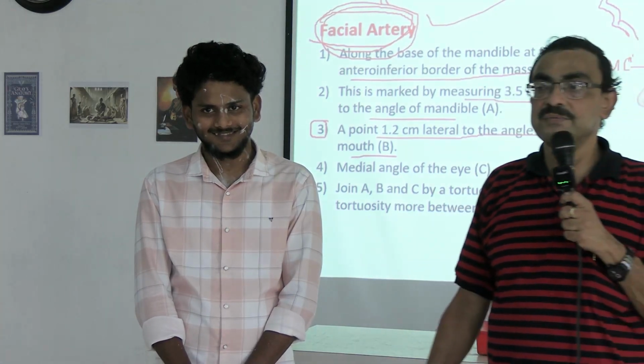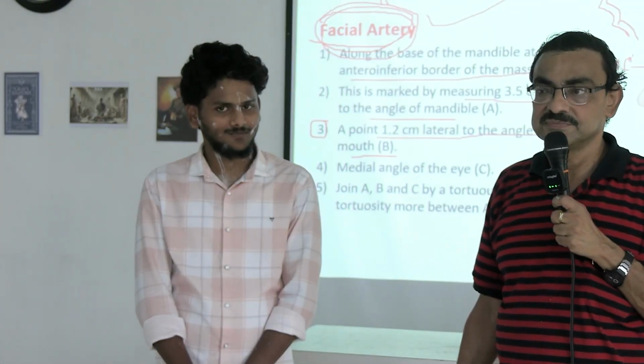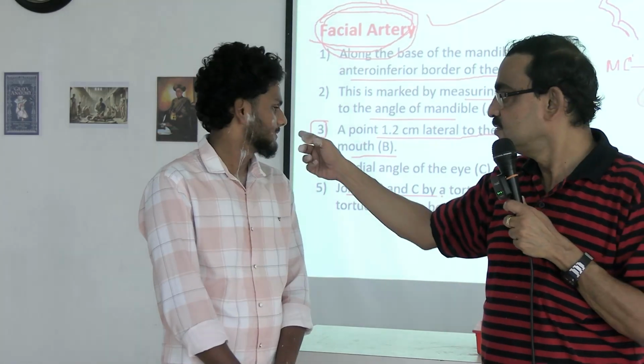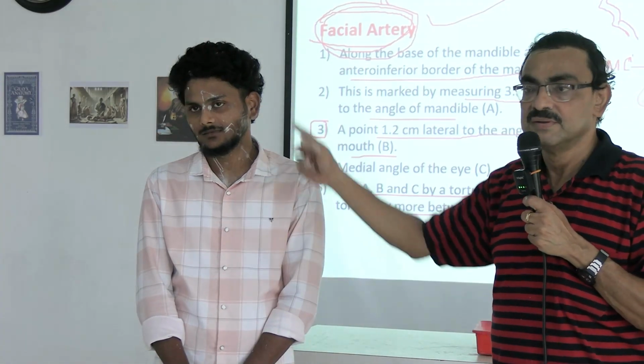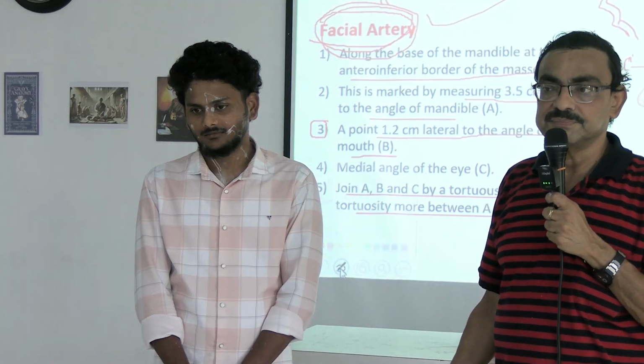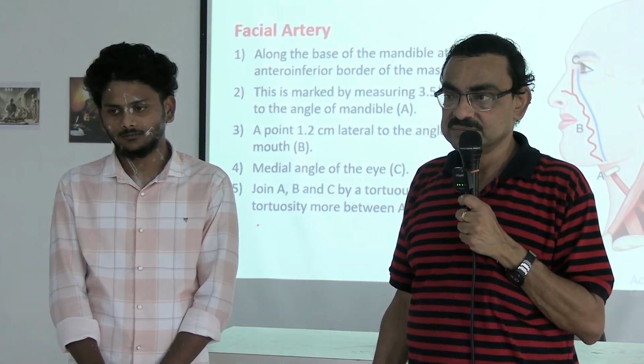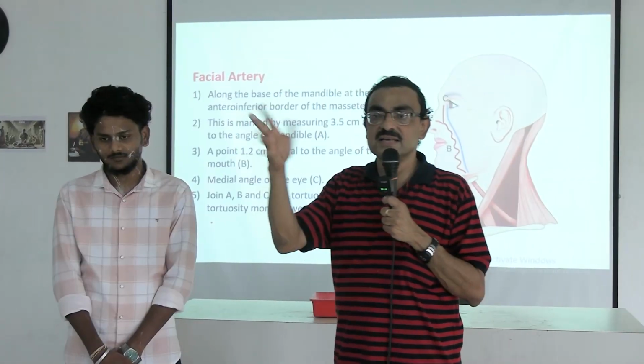What are the branches of the facial artery in face? At least you have to say 1 or 2 branches. Superior labial, inferior labial, angular branch. Buccal branch, these are the branches.